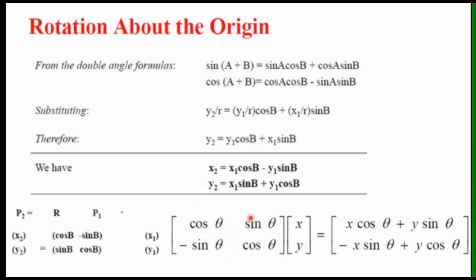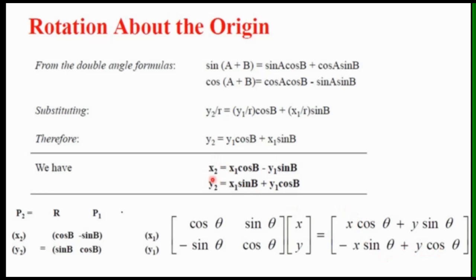The original coordinates x and y are multiplied by this transformation matrix, and we get the new matrix: x cos theta plus y sin theta, minus x sin theta plus y cos theta.